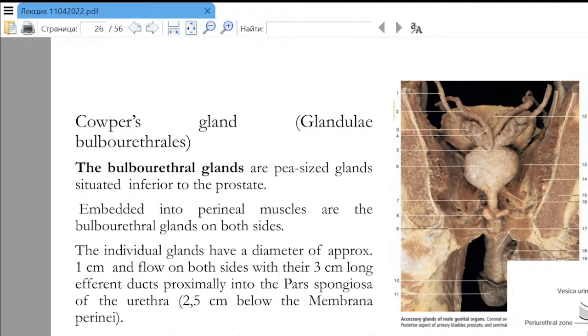The mucus of the glands neutralizes acid urine in the urethra and lubricates the urethra to smooth the passage of semen during ejaculation.